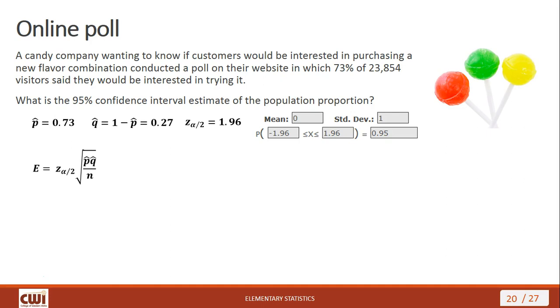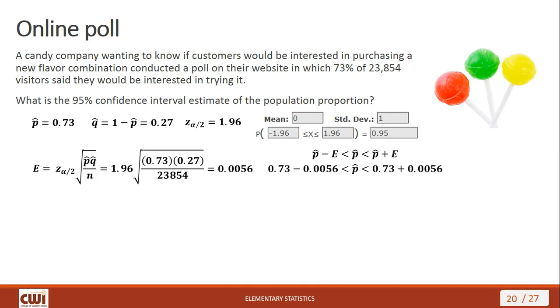We have all that we need now to calculate our margin of error. So we go to our equation, substitute in the values that we know, and then punch it out in our calculator, which gives us 0.0056. Now I can go into a standard format for confidence intervals and substitute in my values for the point estimate and margin of error.